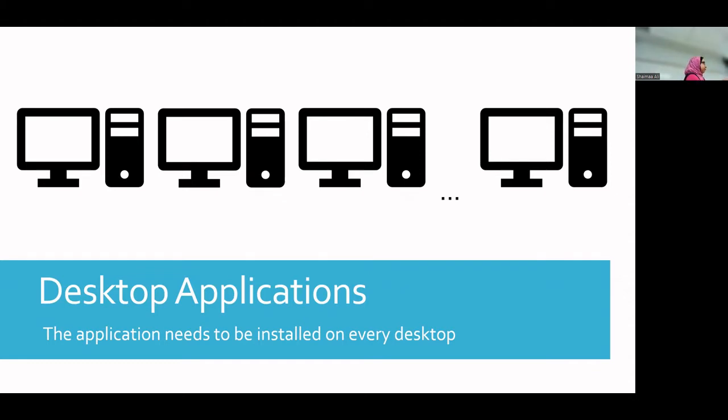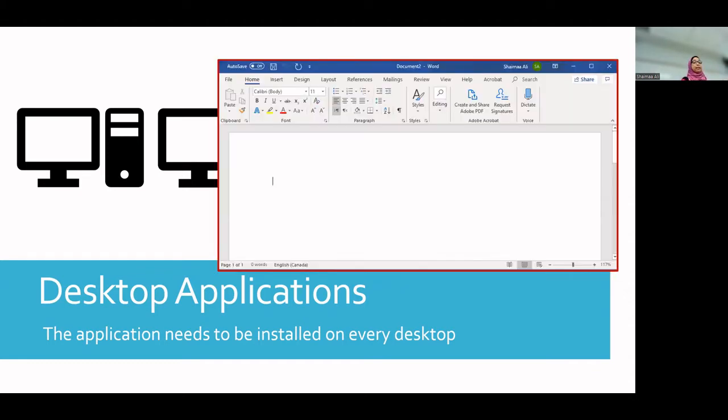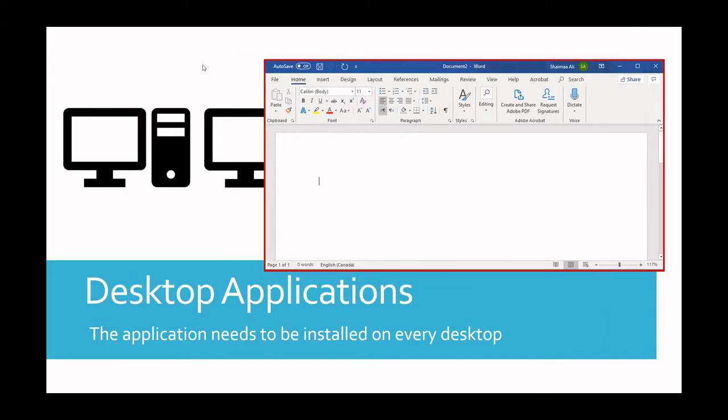An example of that is Microsoft Word that you probably already know. Microsoft Office, for example, the version that you install on your computer is a desktop application, right? So if you have an office of 100 employees and you want them to use Microsoft Office, you're gonna need to install Office 100 times, right?